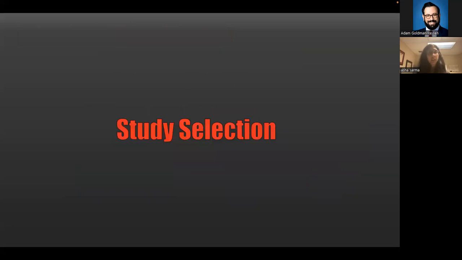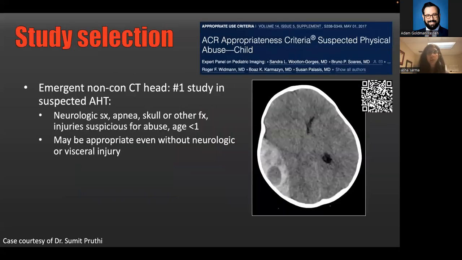Next we're going to move on to study selection. This is the most recent published iteration of the ACR appropriateness criteria, suspected physical abuse for children. I think a new version of that will come out pretty soon. As of now, the emergent non-contrast head CT is the number one study in suspected abusive head trauma in most settings.